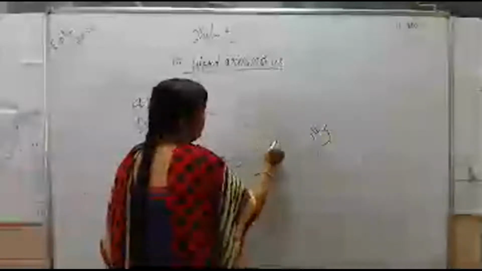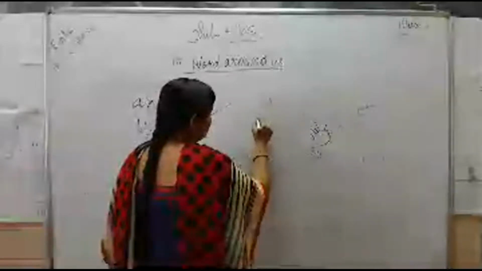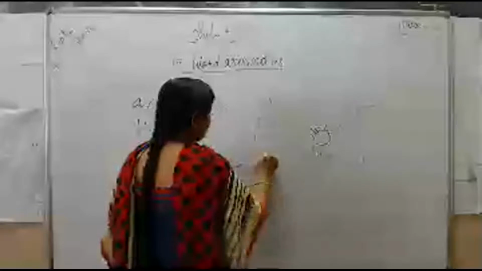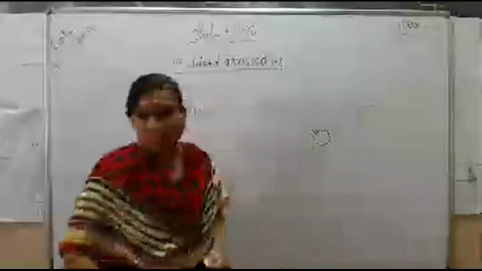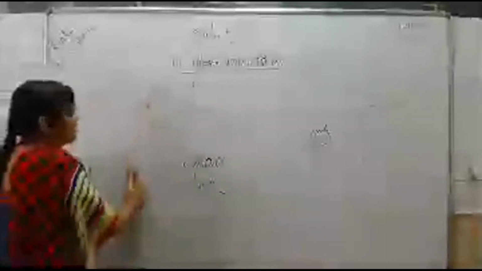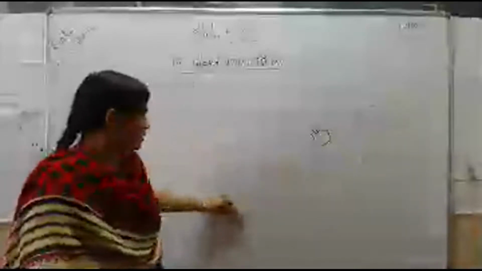Suppose this much is our earth, water covers this much. Only 25% is land. 75% is water.